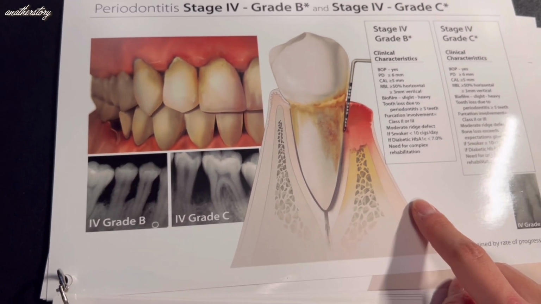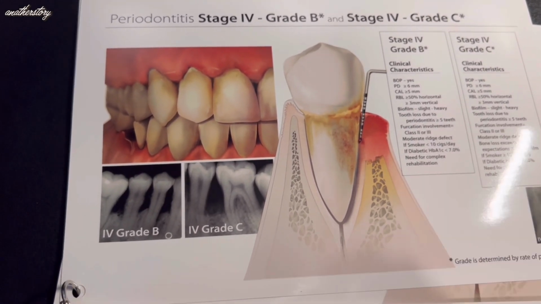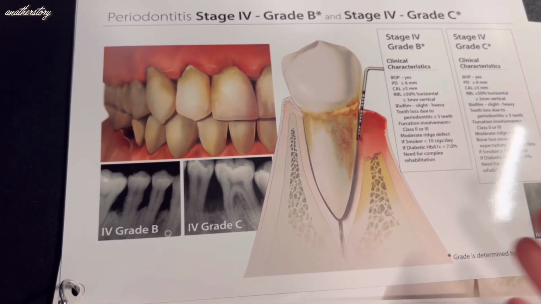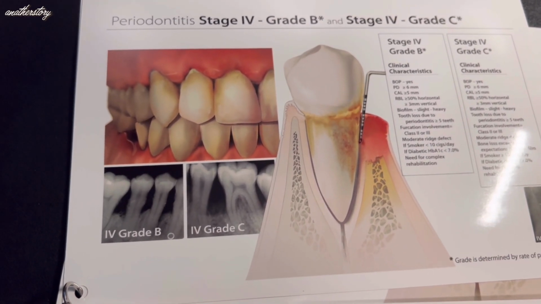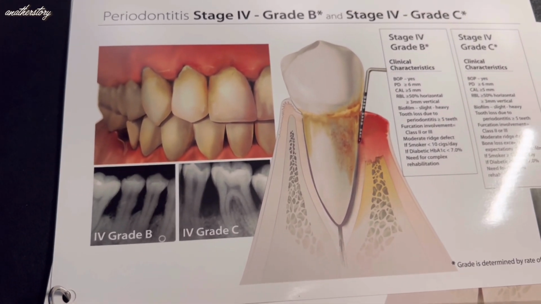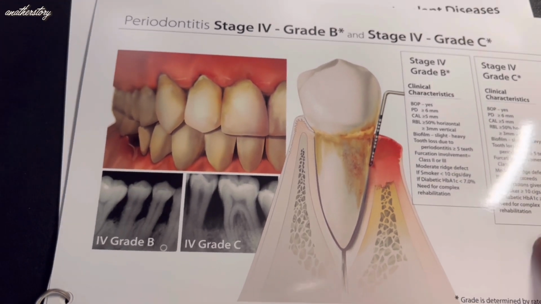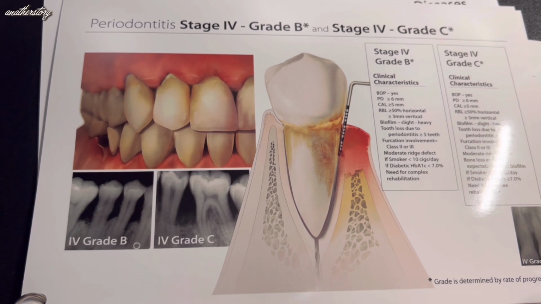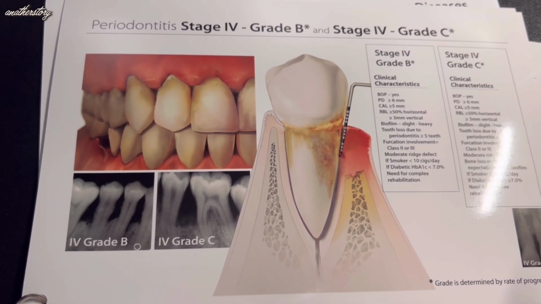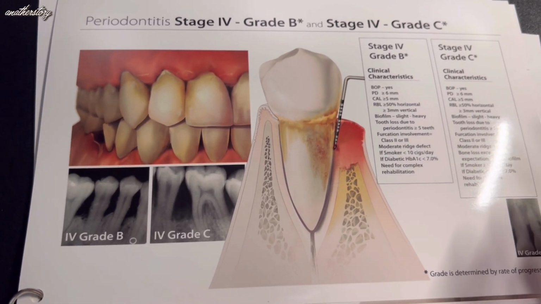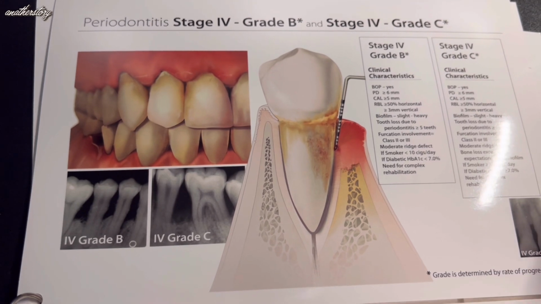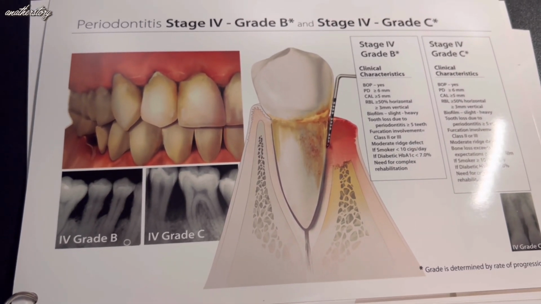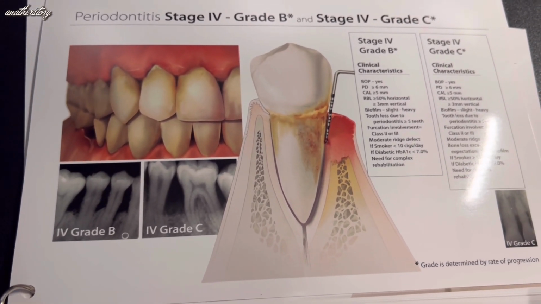The gum disease can be pretty silent. If there's a severe defect like this, then it's giving a lot of pain, and some patients might lose a lot of teeth because of the bone defect. And at this stage, we're seeing numbers from 6 millimeters to 7, 8, 9, 10, 11, a lot of high numbers. So that's not good.